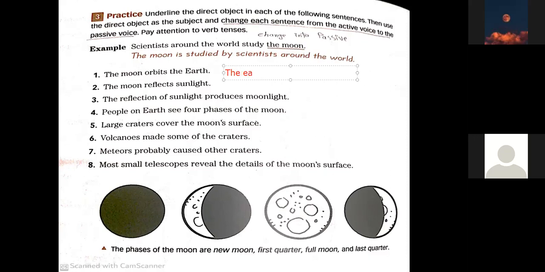Thanks so much, Anas. The Earth is orbited by the moon. We can write it with a capital as you want.